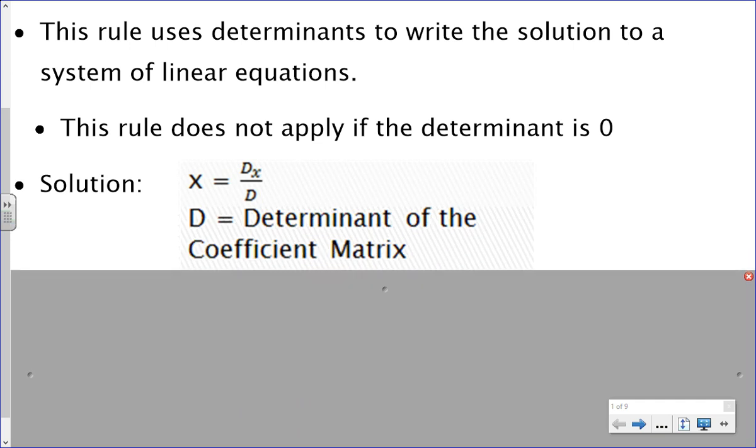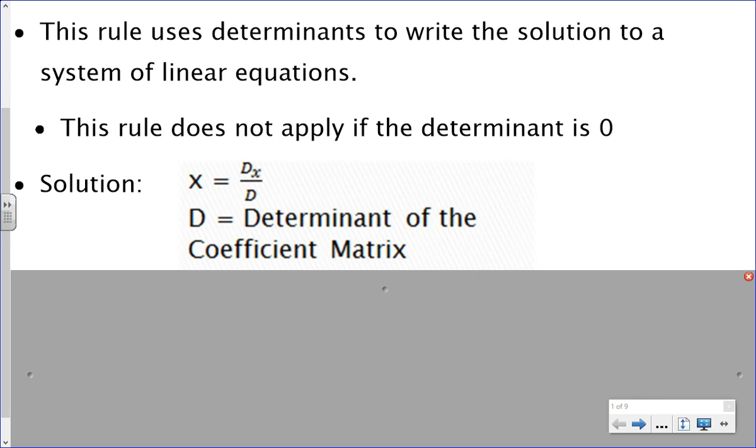D, without a subscript, is the determinant of the coefficient matrix. Take all of your coefficients, make a square matrix, find its determinant, that's D.